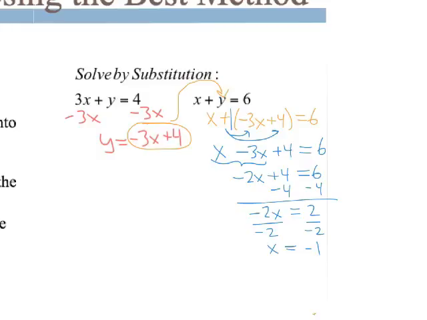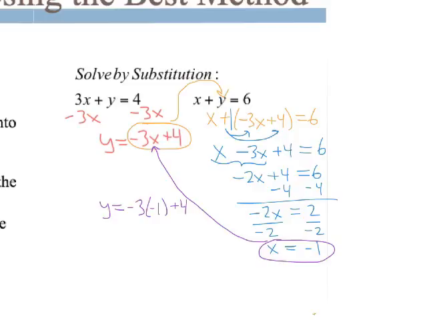Step 4 then is to take this newly found x value and plug it in for an x somewhere. Typically we go back to this thing that we had already circled earlier. It's an easy one to plug into. That gives us y equals negative 3 times negative 1 plus 4. And step 5, simply to calculate that.